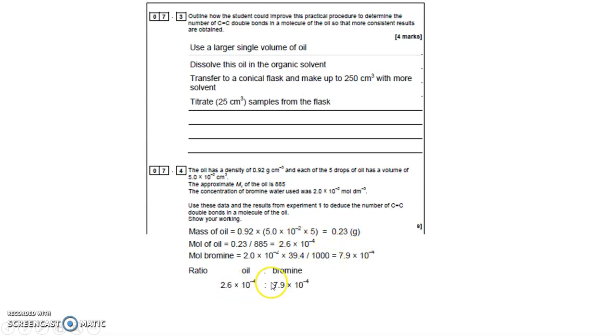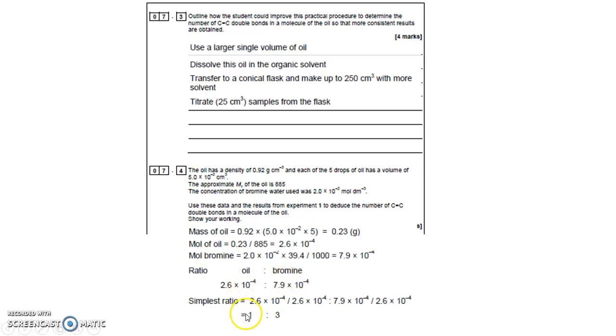So what I do is I look at the ratio. The amount of oil that I have, 2.6 times 10 to the minus 4, compared to bromine water, 7.9 times 10 to the minus 4. It looks like I need 3 times the amount of bromine as I do for oil. 2.6 times 10 to the minus 4 times 3 comes out roughly about 7.9.